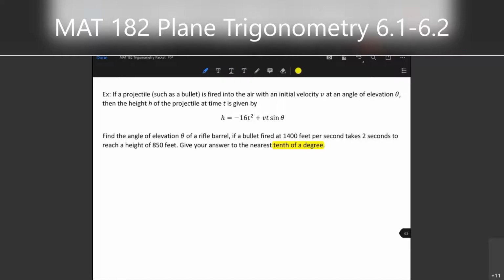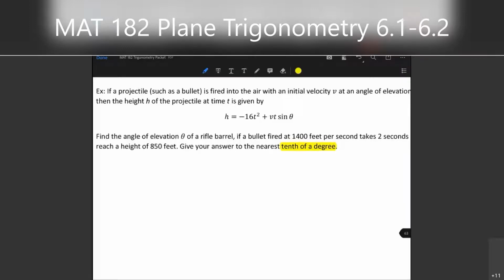Okay, so let's consider how we can fill in this formula to solve for our needed quantity. Do we know the height? What would that height be that we reach? 850 feet. Okay, we have 850 feet.